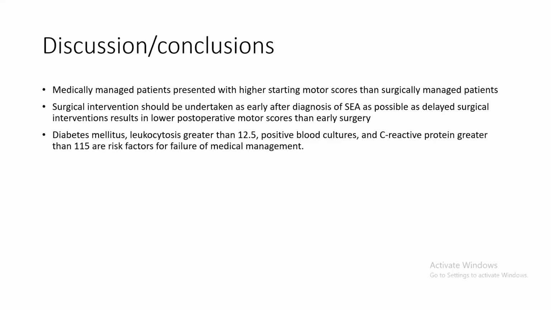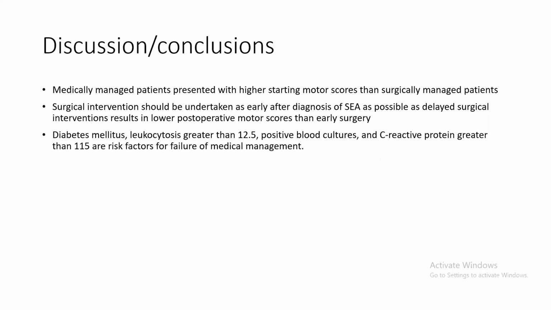So obviously, consistent with everything else, if you present with some neurologic deficit, you're going to initially be treated with surgery. But the key, I think, is that the patients who were managed medically and then failed had a worse improvement than those who were initially operated on. So if somebody's going to be treated medically but has a lot of these risk factors, which may mean they're at high risk for failing and eventually needing surgery, is it better to operate early on them?